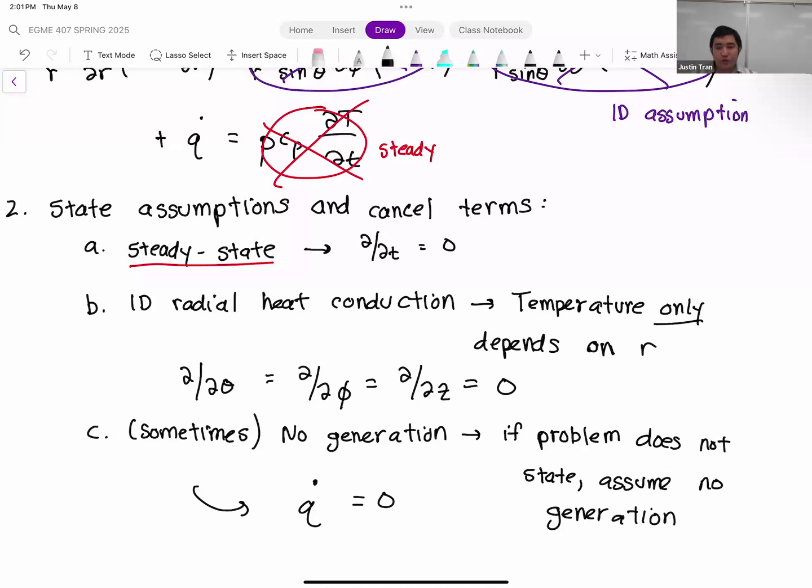Usually, if there is thermal generation, it'll be stated in the problem, because that's usually the more unusual case, but most materials are not going to be producing heat, and so you can assume that the generation in those cases is equal to 0.